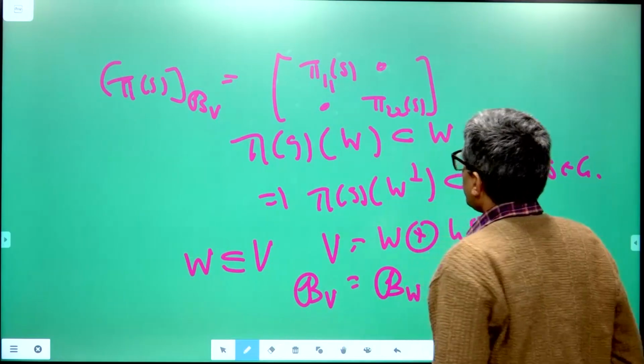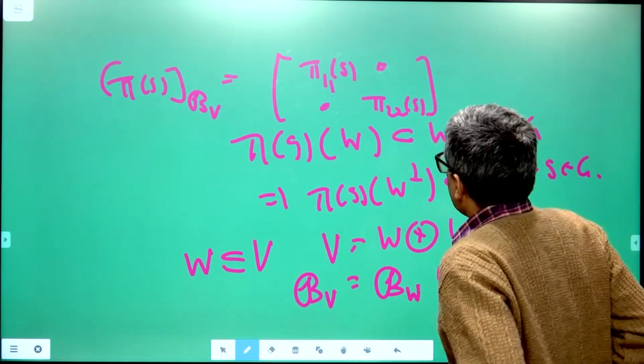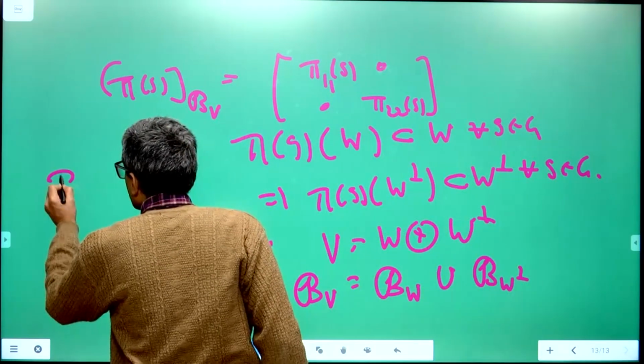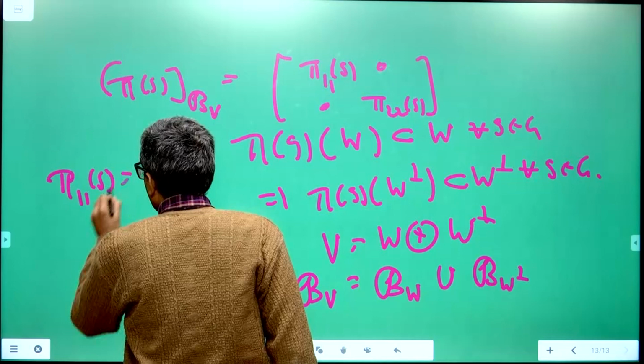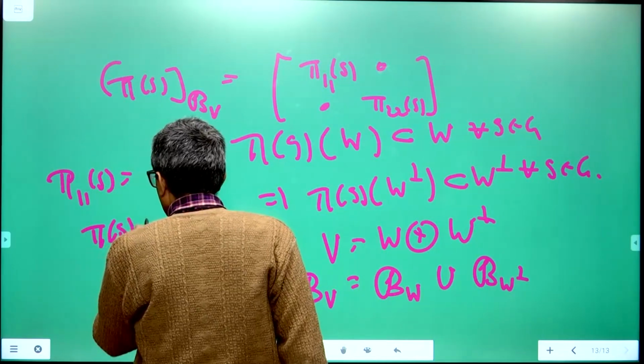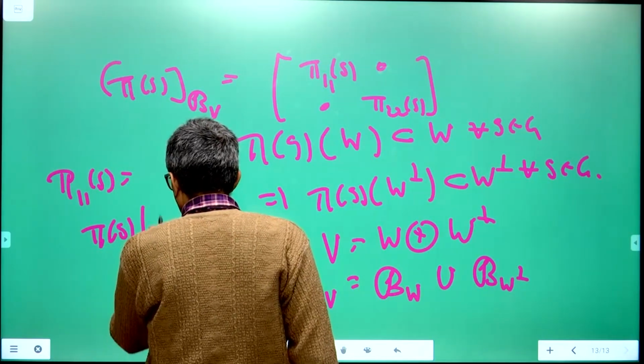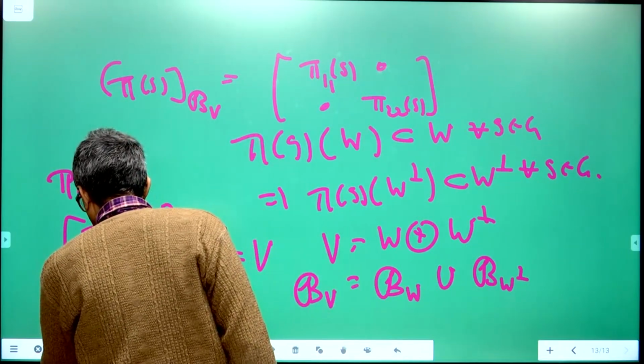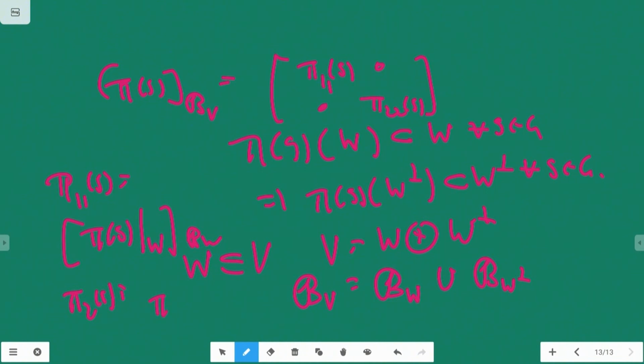That means it will be reduced. The representation pi g gets reduced to this, where pi 1 g is nothing but pi g restricted to W in the basis BW, and pi 2 g is pi g restricted to W perpendicular in the basis BW perpendicular.